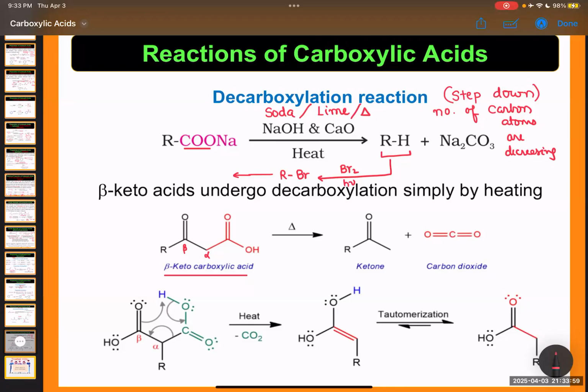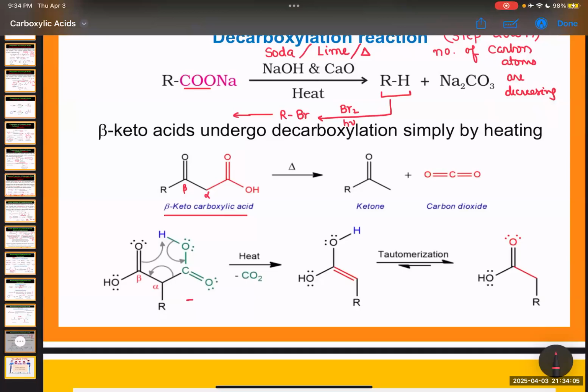That is a beta keto acid. If you heat it strongly, look how this COOH remains like this. You can see the structure. There is a cyclic transformation of electrons and the CO2 comes out. You can see the CO2 break apart and you end up with a carboxylic acid without CO2. So that is decarboxylation of beta keto acid.